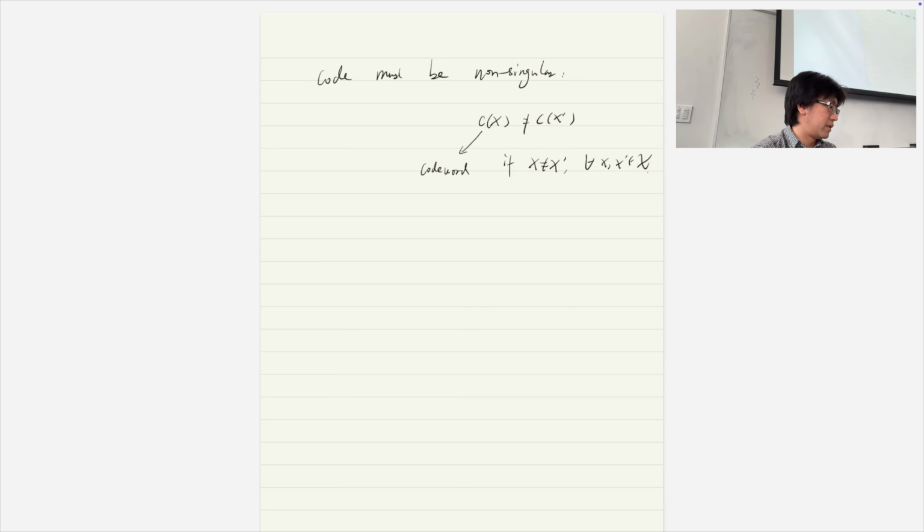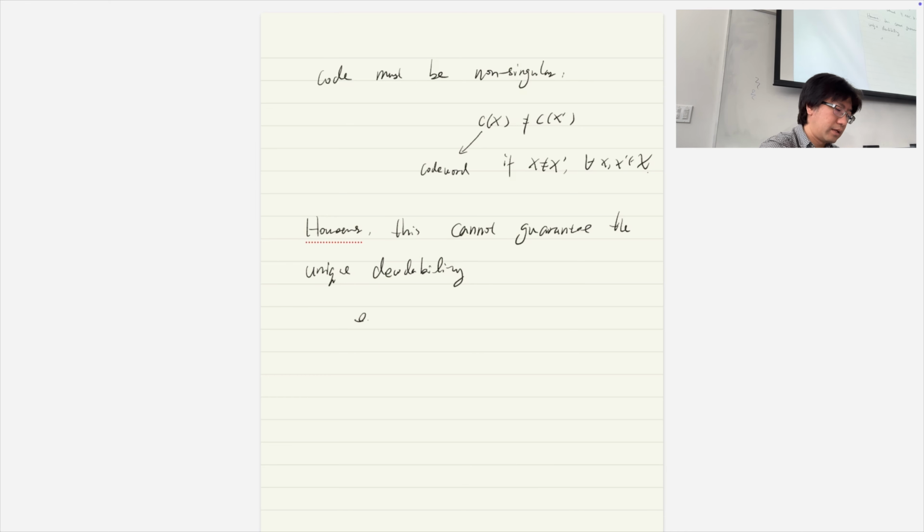So we can see one example of that. However, this cannot guarantee unique decodability.